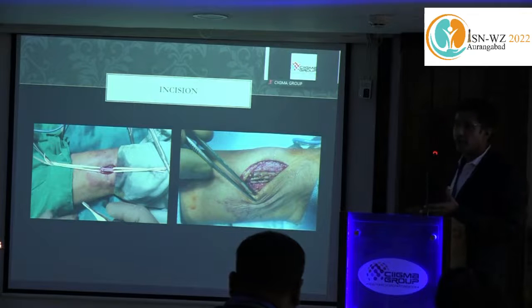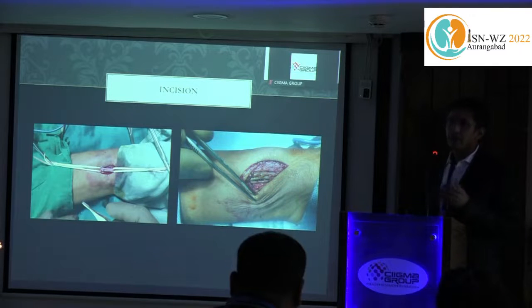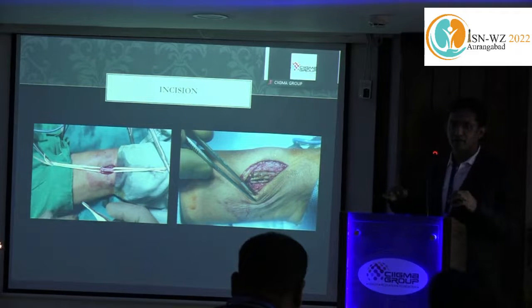After mobilization of vessels, you will find the radial vein and radial artery, and you have to mobilize them. Like my colleague Dr. Devdar said, you don't have to mobilize arteries from below and everything. But in the initial days, you need to have complete vascular control of the arteries.